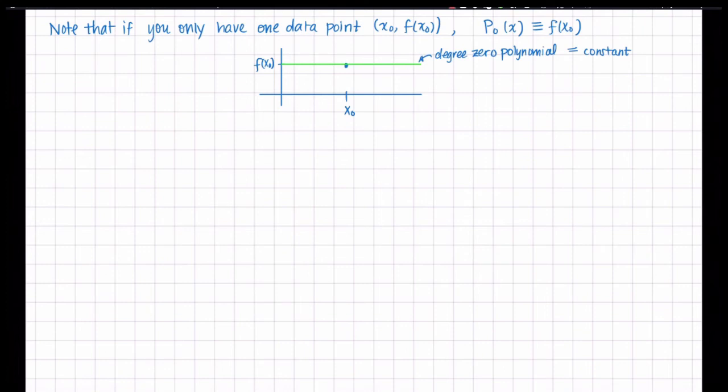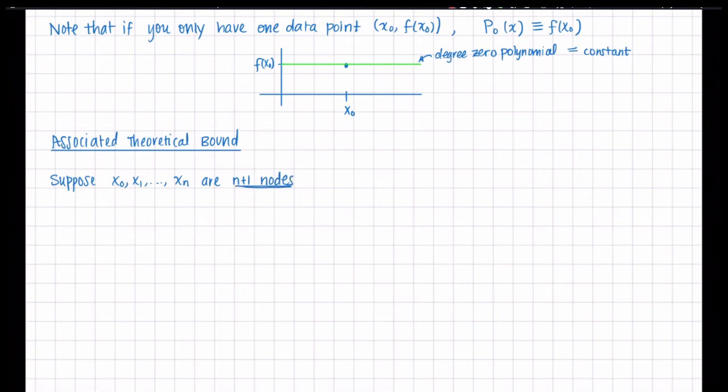Now, the associated theoretical bound, and we'll be working more with this. Let's suppose x naught, x1, all the way up to xn are n plus 1 nodes. Again, those are the domain values associated with our data, in an interval from a to b, and the theoretical function that's producing our data is n plus 1 times continuously differentiable in that interval from a to b.